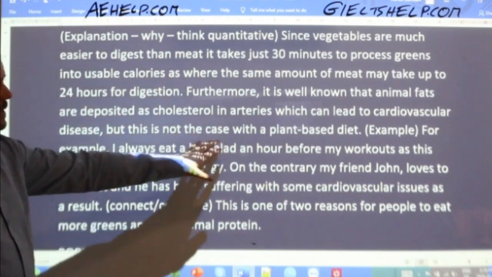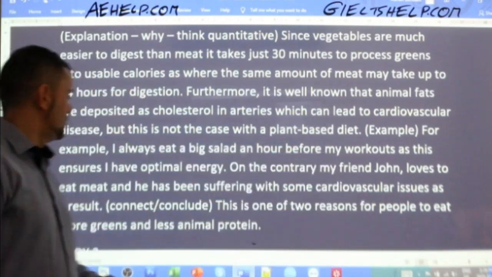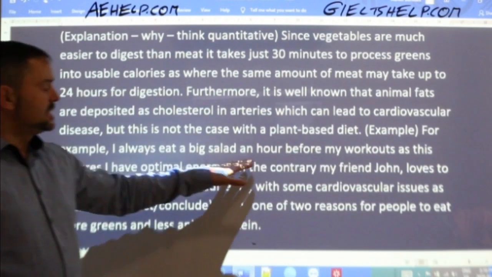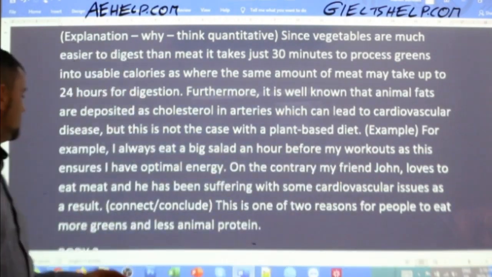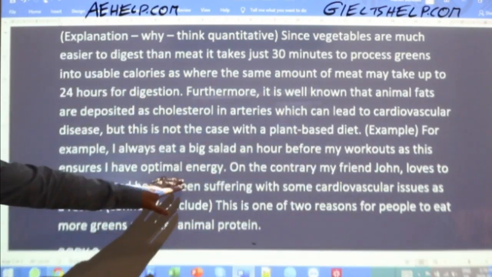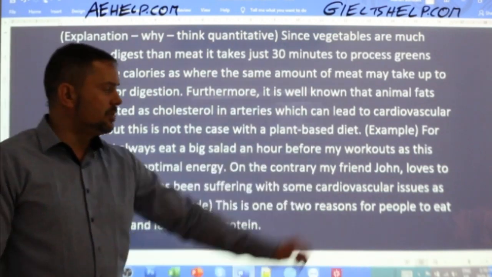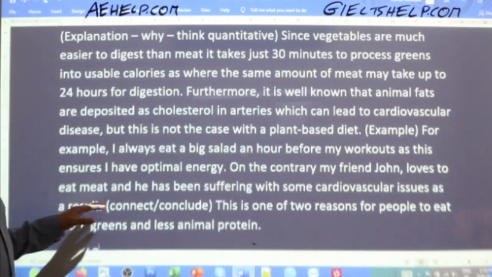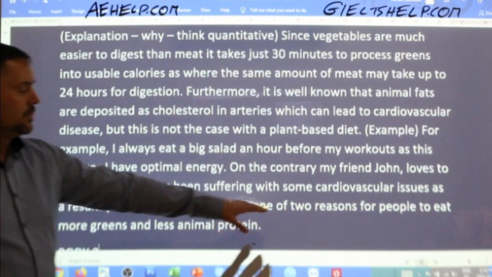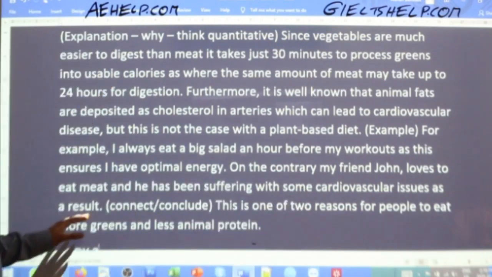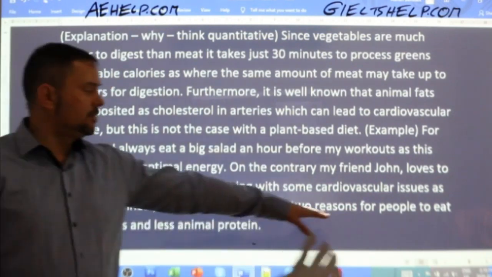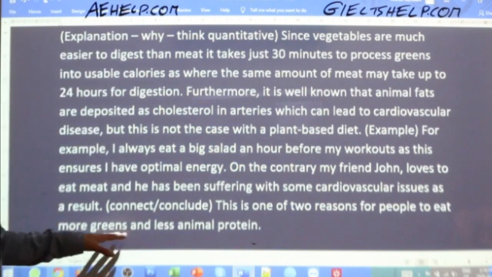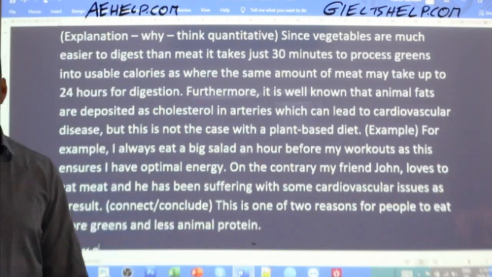But this is not the case with a plant-based diet. For example, I always eat a big salad an hour before my workouts, as this ensures I have optimal energy. On the contrary, my friend John loves to eat meat, and he has been suffering with some cardiovascular issues as a result. This is one of two reasons for people to eat more greens and less animal protein.